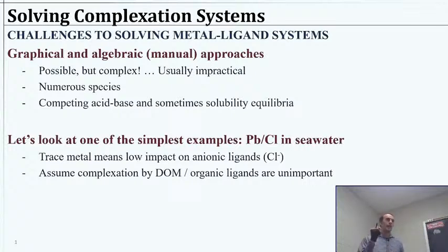If we take a trace metal, sometimes those are a little more manageable because we can say that they're probably not going to be at concentrations that would affect chloride, for example, the ligand concentration. So if we take lead in seawater, complexing with chloride, it's a pretty good example because with just that, we might be able to take a graphical or algebraic approach like we had with some of the other systems.